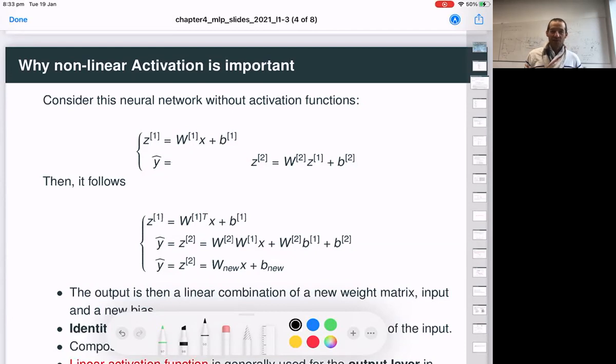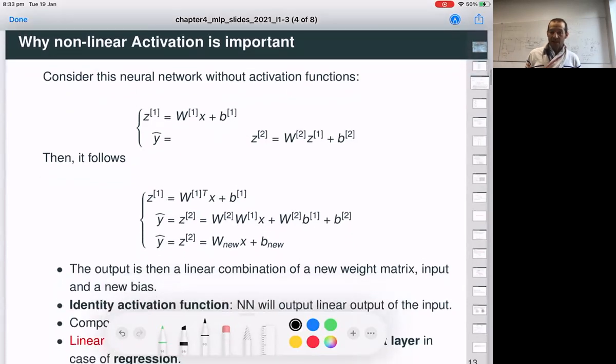If I consider a simple neural network without activation function, meaning the identity function as activation function, and you go through the equations, you can see that the second weight matrix W2 will be multiplied by W1, and these two matrices will form a new matrix, W new. And you can see that it is a linear combination of the new weight and the bias.